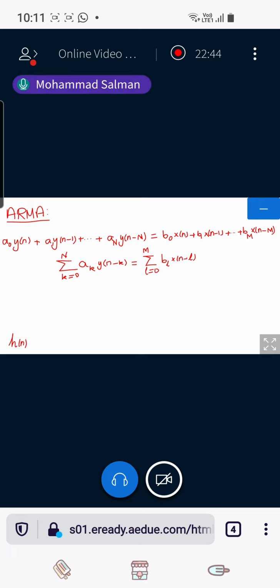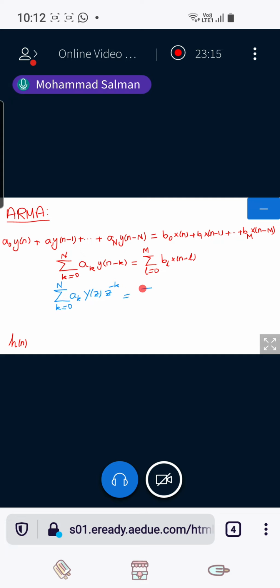Excellent. So let's find the z transform of this equation first. So what is the z transform of this one? It is the summation from 0 to capital N of a sub k, capital Y of z, since the z transform of y of n minus k is Y of z, z to the power minus k.